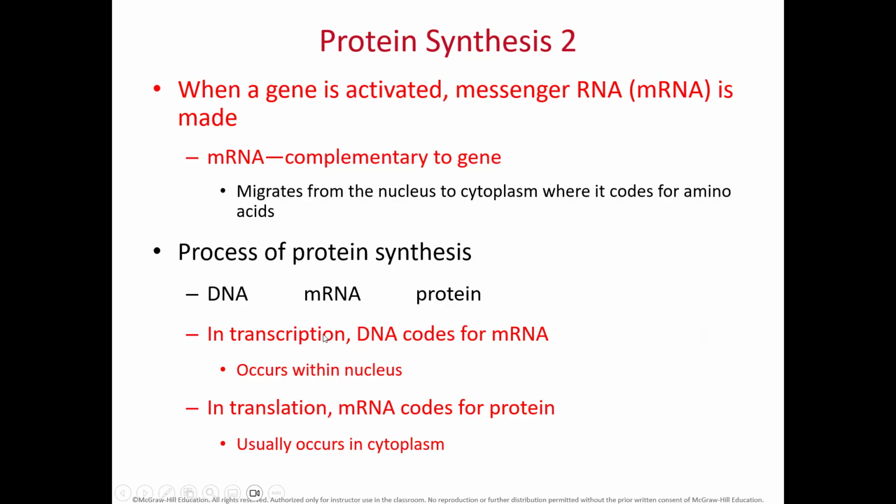So in transcription, number one, it occurs in the nucleus. Number two, we take the DNA gene and make lots of photocopies that are complementary RNA base pairs of it. Not just one. From that one gene, I'm going to make millions and millions of messenger RNA.